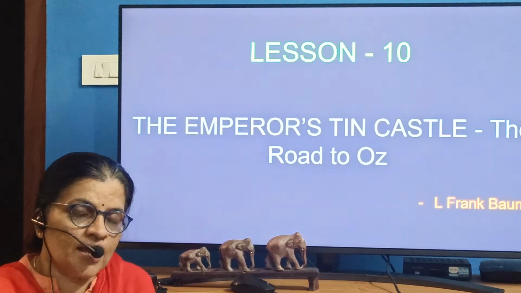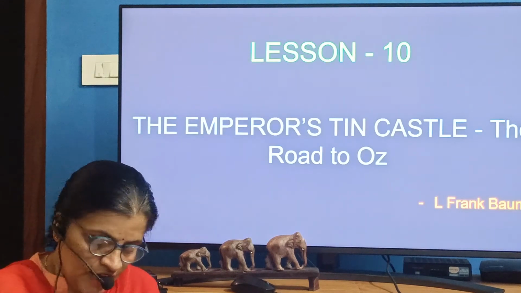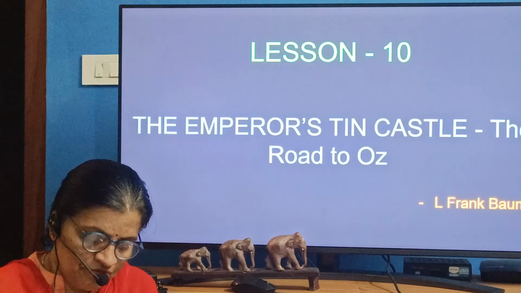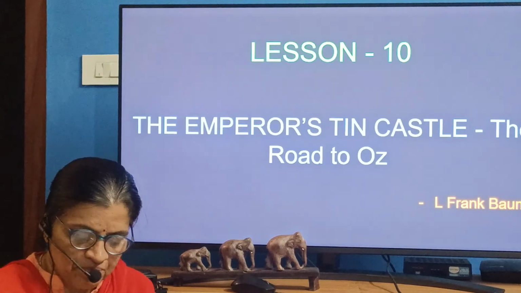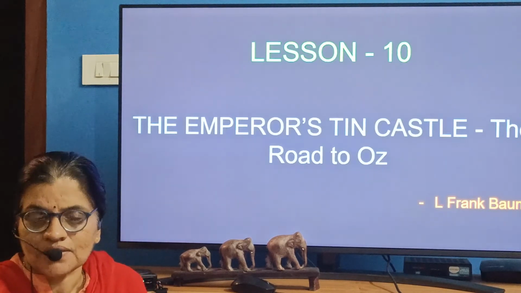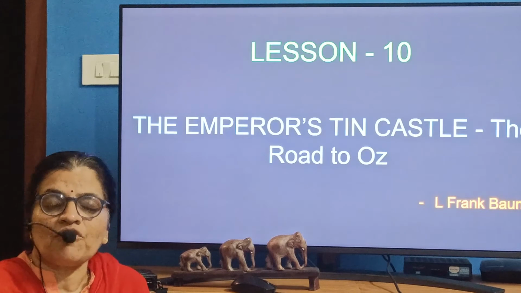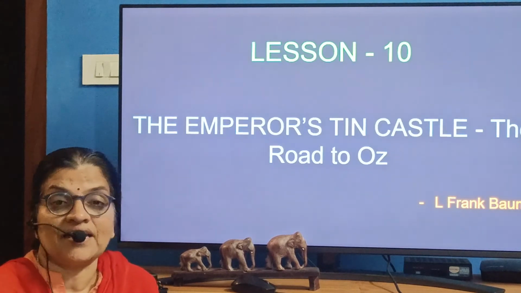When they reached the Emperor's Tin Castle, in front of the gate, an old man, of the people known as the Winkies, met them. The emperor of that place is known as the Emperor of the Winkies. They are fond of respecting and welcoming guests.